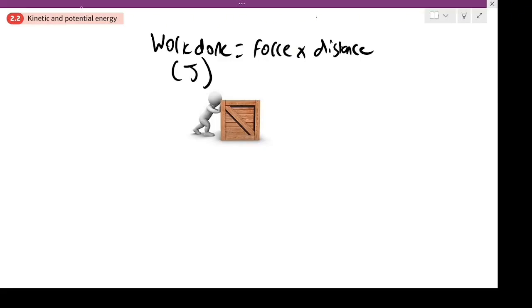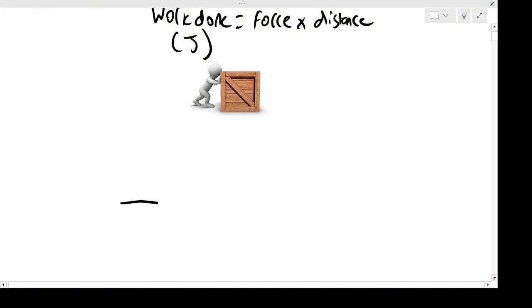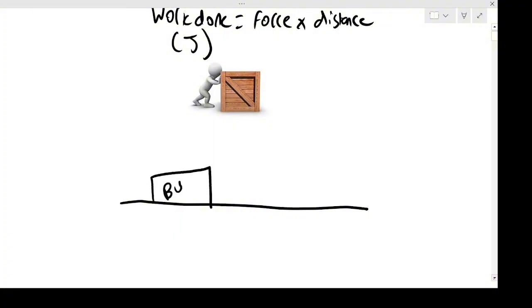So kinetic energy, you can imagine you're going to need kinetic energy to move forward, right? And so that's the first example we're going to be looking at. If I draw a very simple diagram, let's say I have a box again, and it's moving forwards, and then after some time it ends up here.